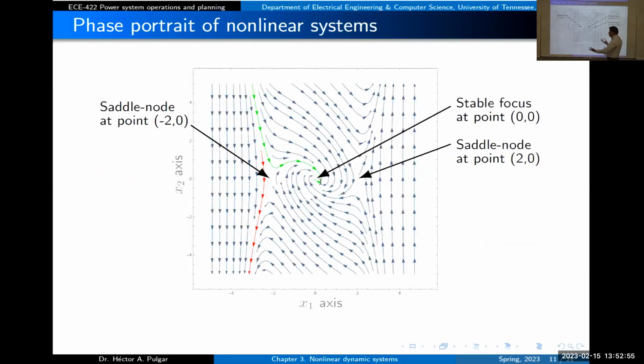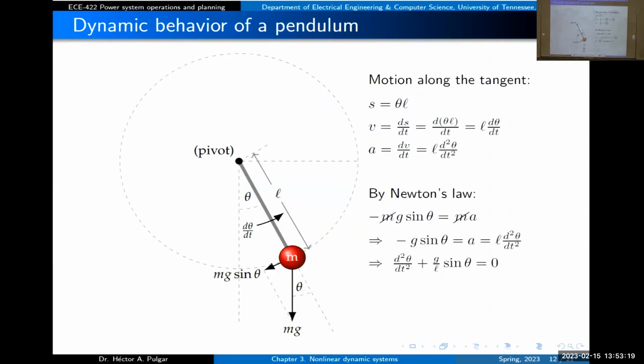This is the solution of the system: the trajectories in the phase plane starting from different initial points. So that's what we got, and effectively we got a good description here. This is a stable focus, and these 2 equilibrium points, as you can see there, are saddle nodes. So we will continue with that today.